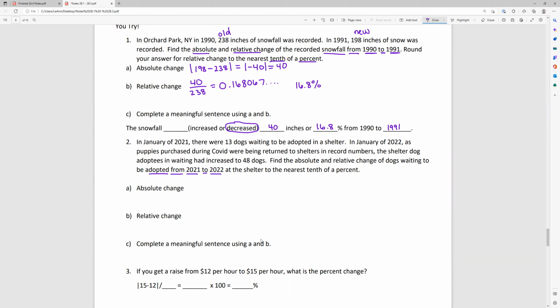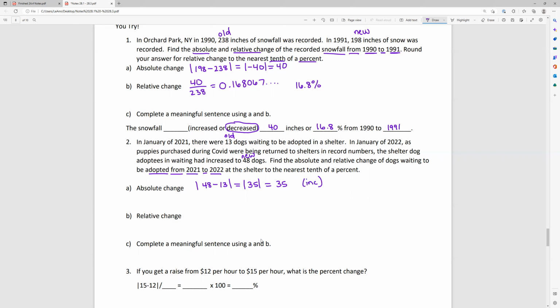Okay, so 2021 is the old, so that's the number of dogs then. The number of dogs in 2022 is the new. So absolute value of new minus old. That's going to be the absolute value of 35. That's a 35, and it's an increase.